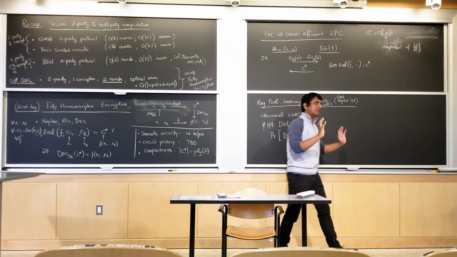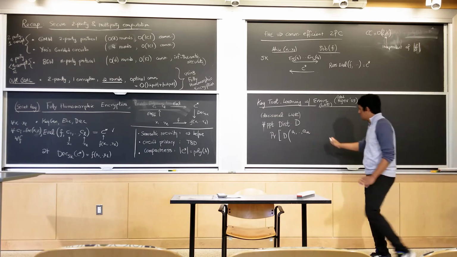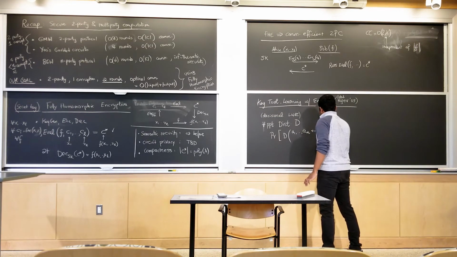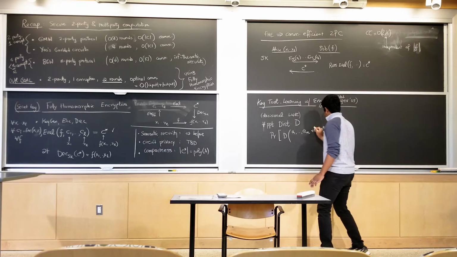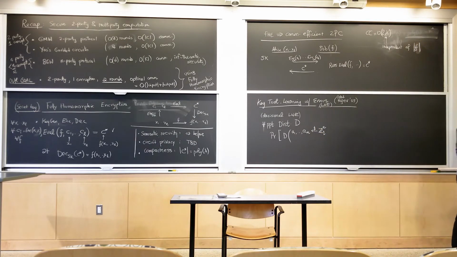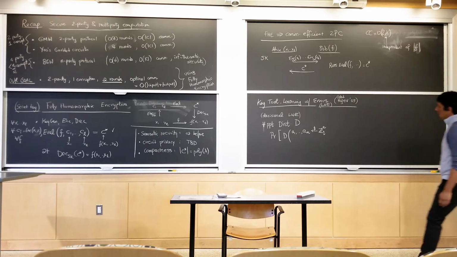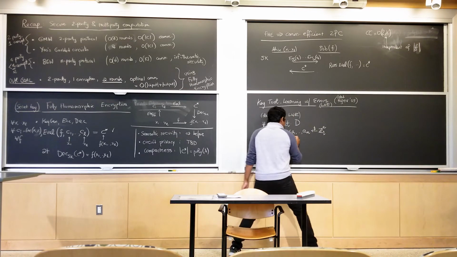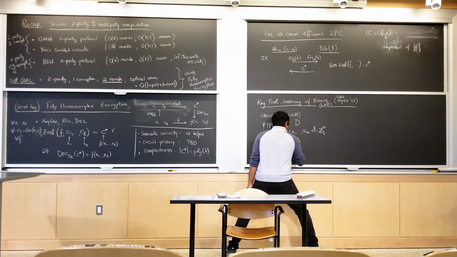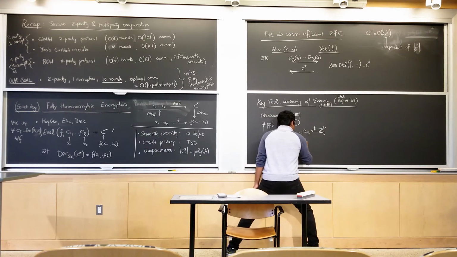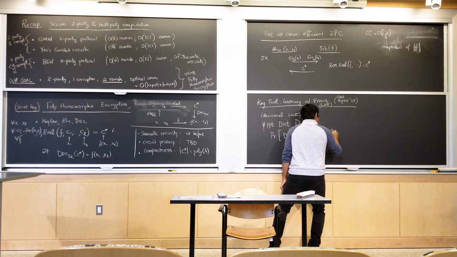Think of M as polynomial in the security parameter. These vectors are drawn at random from Z_q to the n, where n is the security parameter, the dimension of these vectors. Each A is drawn at random from Z_q to the n, and there are M of them. Think about M as very large, like n to the 100 vectors, let's say. And then I'm also given b1 up to bm, which is the inner product.